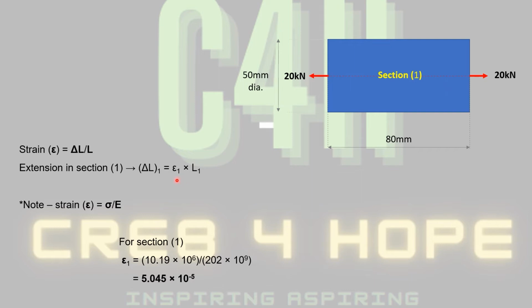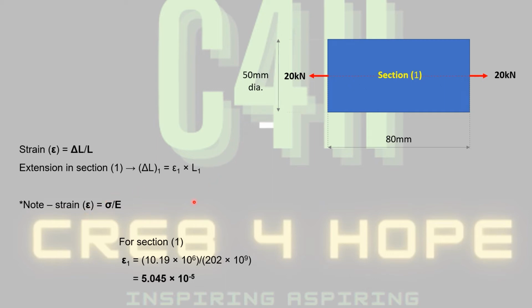So how do we go about calculating the strain? Well, we know that the strain from first principles is equal to the ratio of the stress to the Young's modulus. So once we calculate the strain, we can then calculate for the extension in section 1.